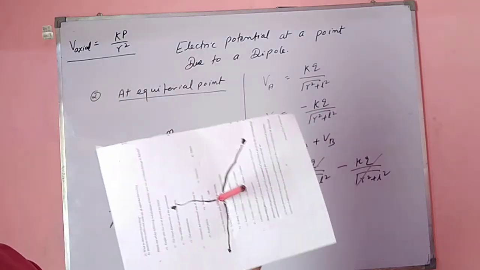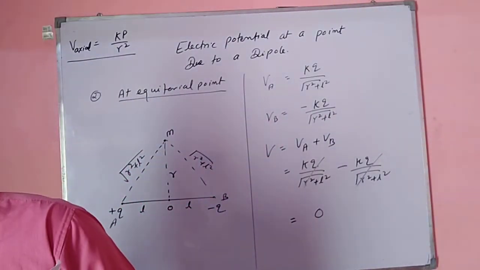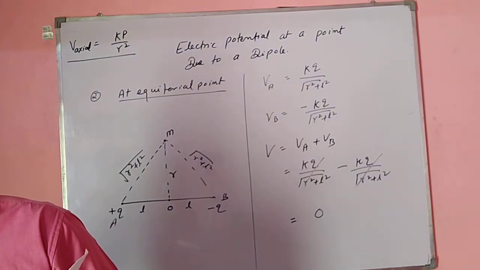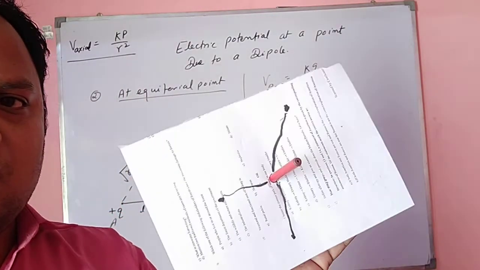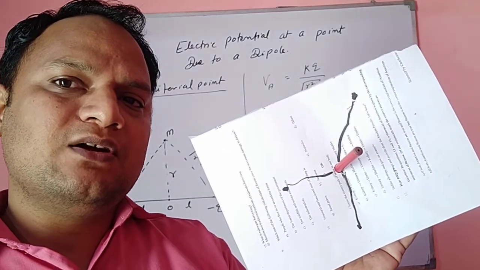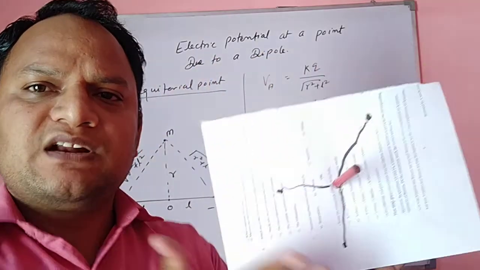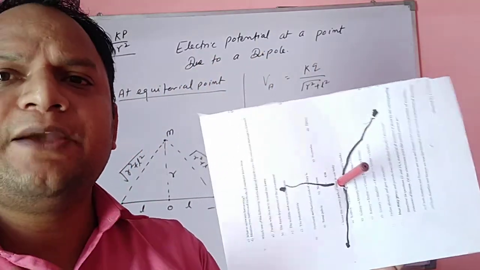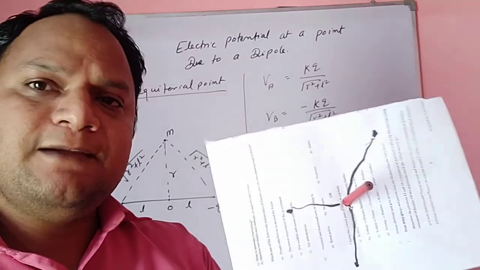So this entire plane is called an equatorial plane, and the potential anywhere on this plane due to the dipole will be 0. And interestingly, I can conclude that the potential at each point on this surface is the same. That is 0, of course, but the potential is the same.